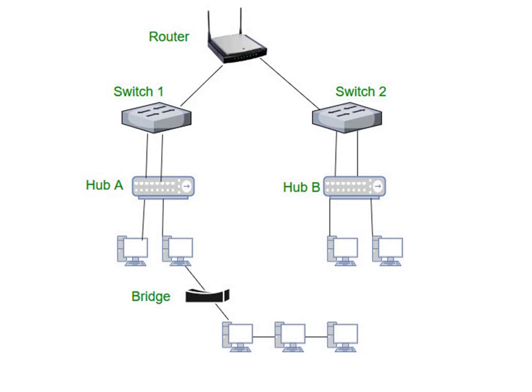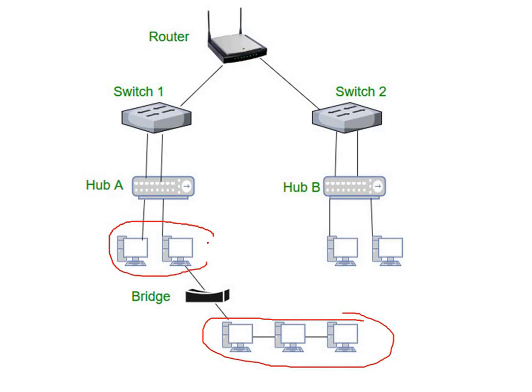So this is how devices can be connected. This is one network, and this is one sub-network. This is another sub-network which will get connected to the bridge, and these two networks are connected to the hub, and this hub is connected to the switch.